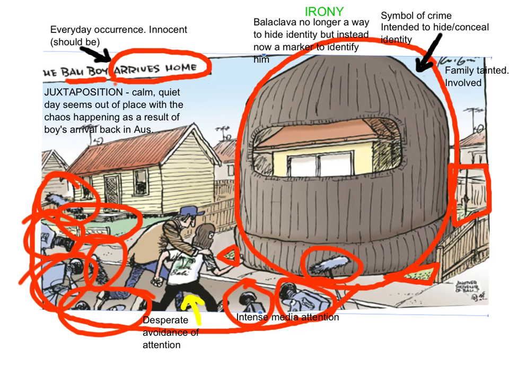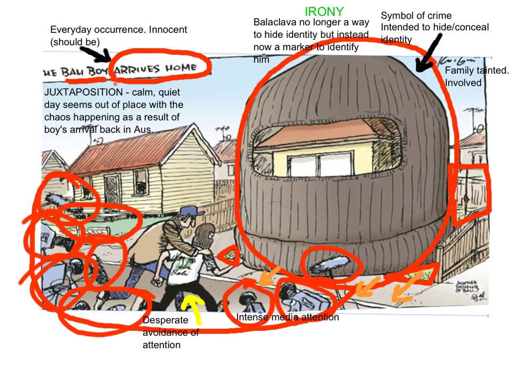And if you come back to have a look at where this actual balaclava is positioned, you might notice that it's actually starting to encroach onto the actual footpath itself. Now, the footpath is something that represents public ownership of a community. It's something that is controlled or maintained by the council on behalf of the entire community, whereas the actual house itself is privately owned.